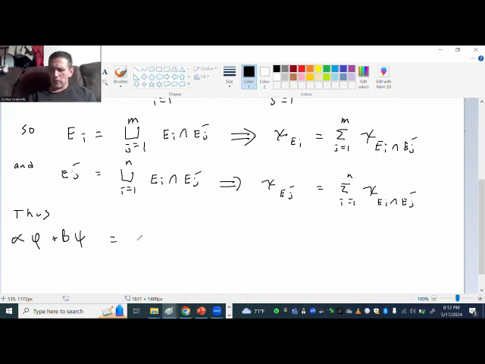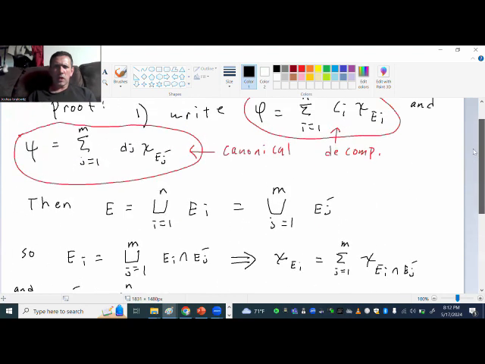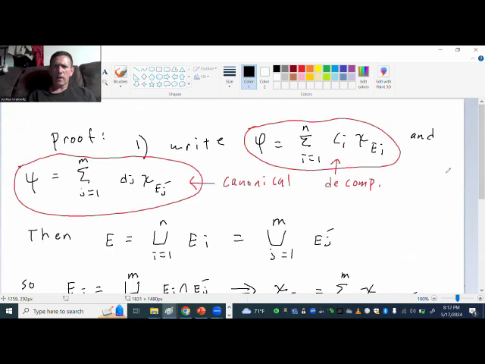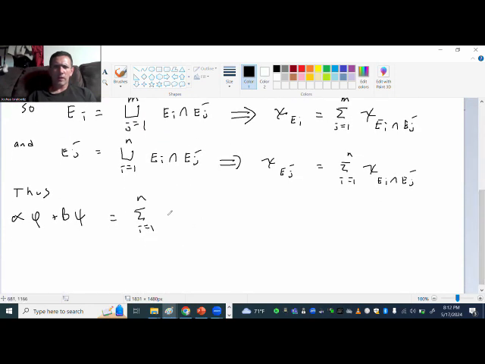So strictly speaking, this is literally just multiply this by alpha, this by beta. I'm not really doing anything here. Alpha c_I, this is J equals 1 to M, beta d_J.